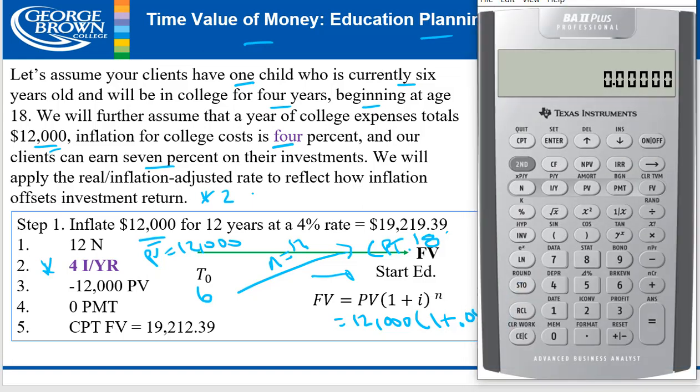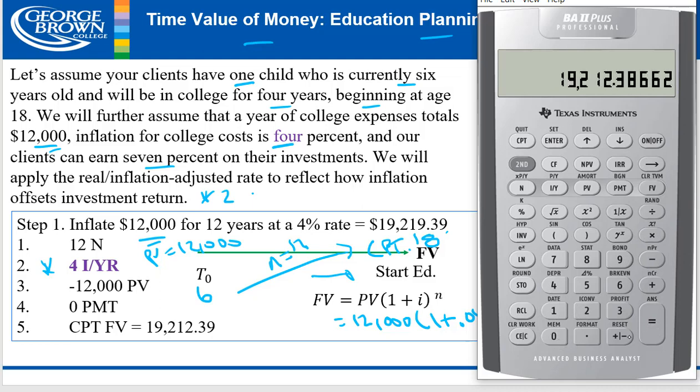So let's just bring up the calculator and do it. There are people that really enjoy the algebra and not using the time value of money functionality, so let's keep those people happy. 1.04, that's 1 plus the inflation rate, y to the x, 12 years, N equals 12, and then we're going to multiply that by the present value of $12,000.